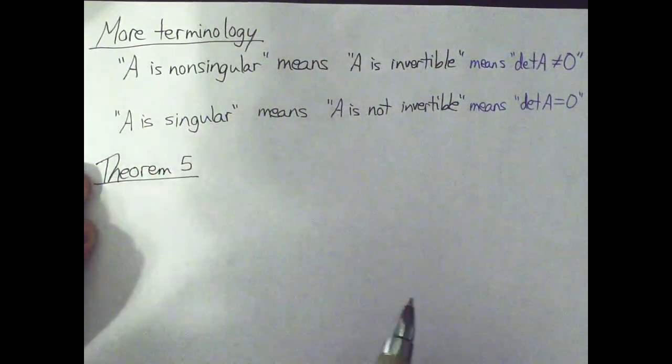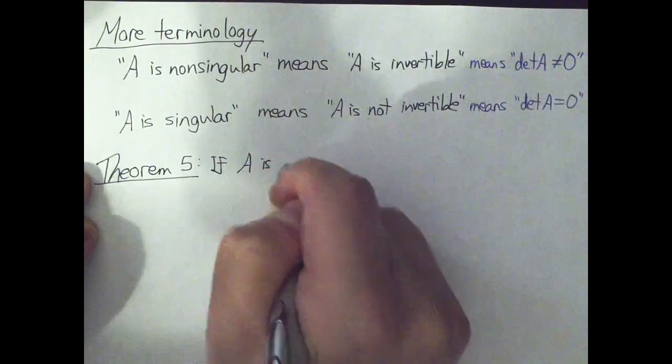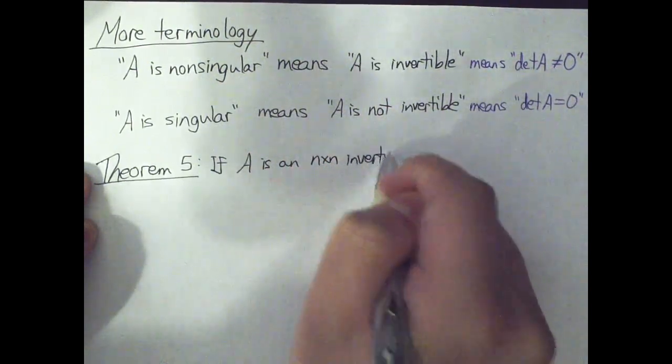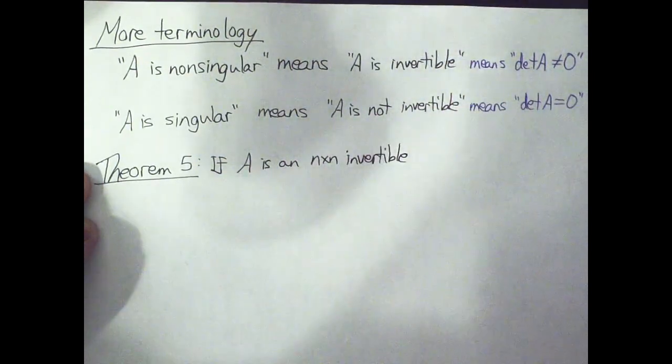Theorem 5 says if A is an n by n invertible matrix, what's another name for that? I could say non-singular.